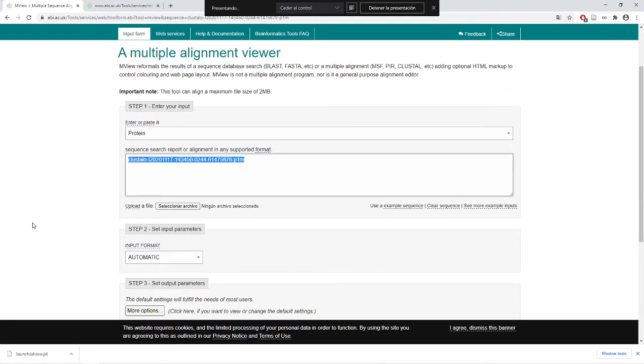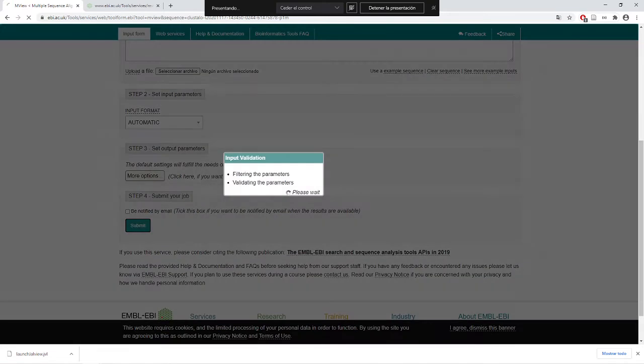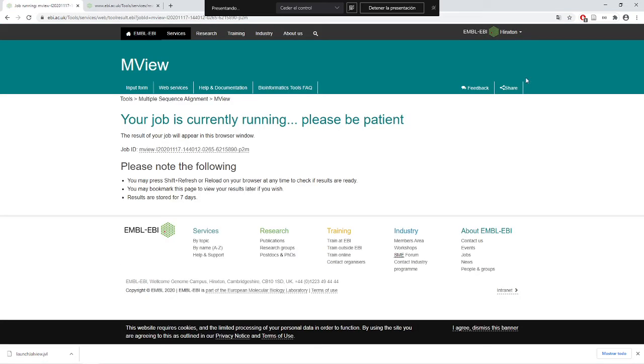Here is stored our previous alignment, so we don't have to resubmit it. We tell it to submit, and we will have it colored. It's just to visualize it better, but it's the same alignment, okay?